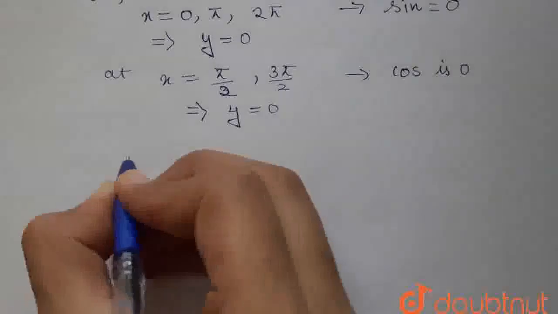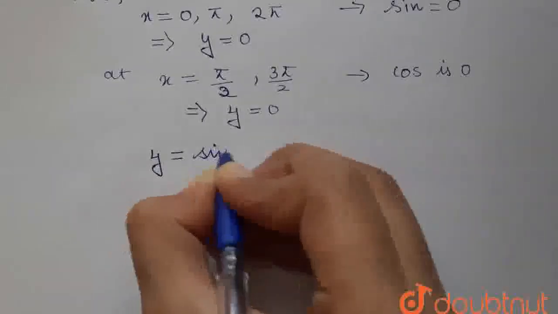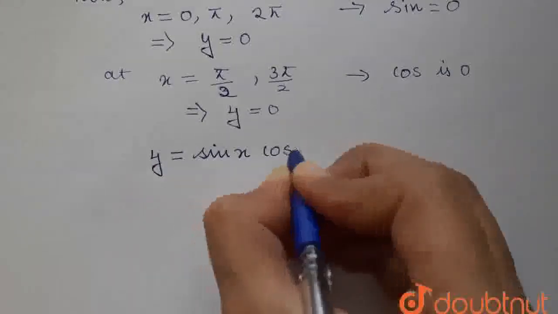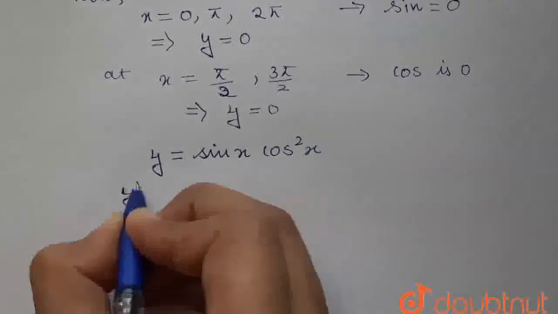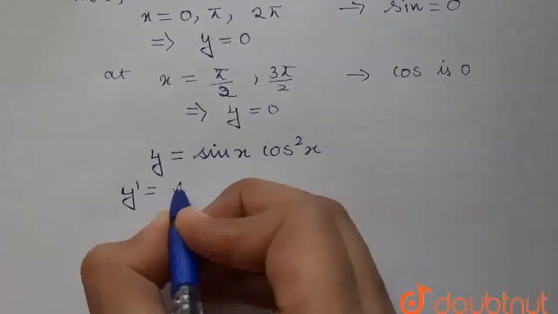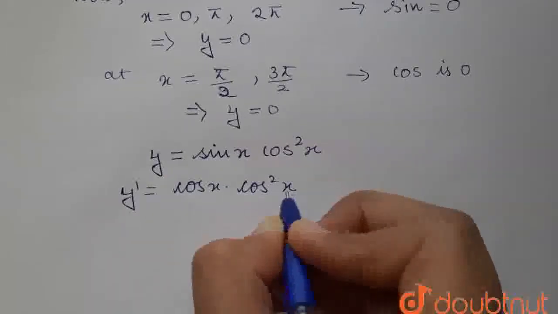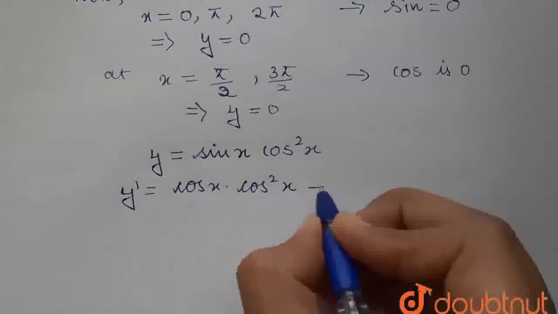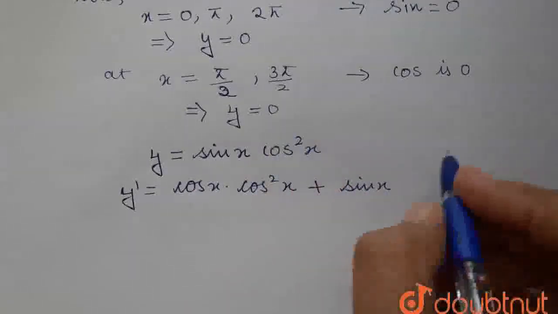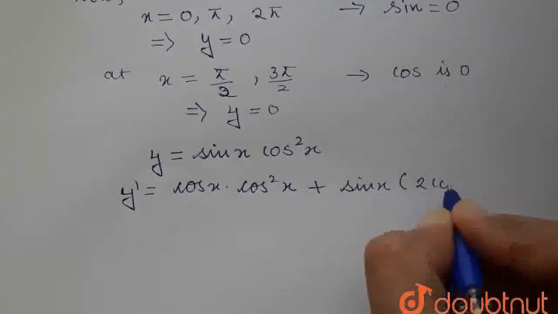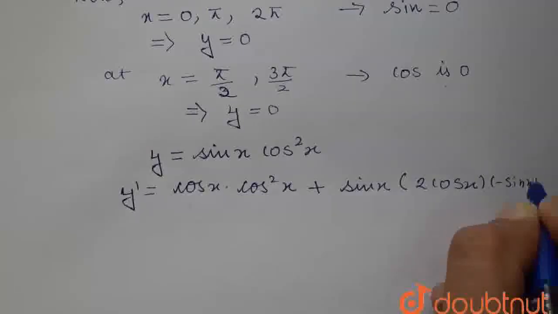Now we were given that y is equal to sin x into cos square x. So now we will find y dash. So y dash will come equal to cos x into cos square x, here we are applying product rule, plus sin x into 2 cos x into minus of sin x.